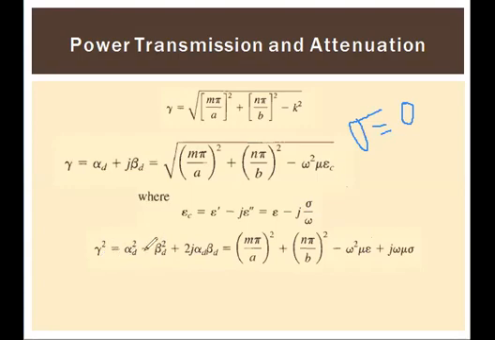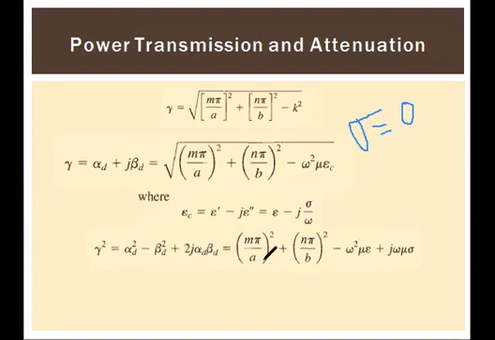And gamma square will be the square of this equation, that is gamma d square, alpha d square minus beta d square plus 2j alpha d beta d, equal to this minus omega square mu epsilon plus j omega mu sigma.